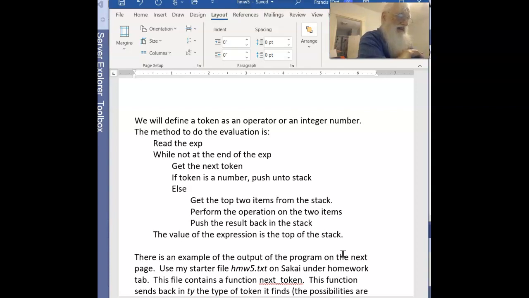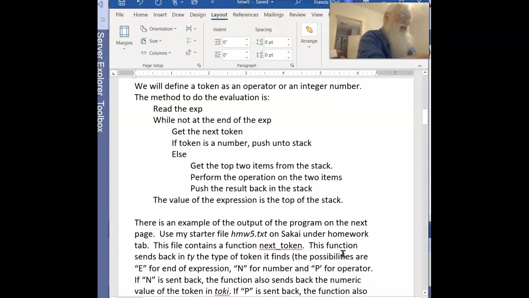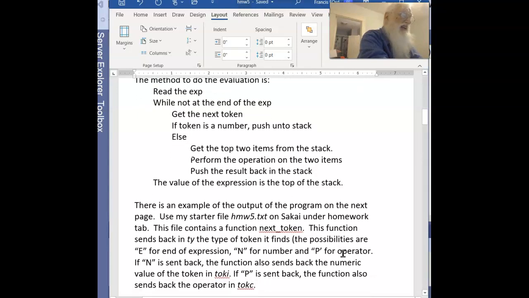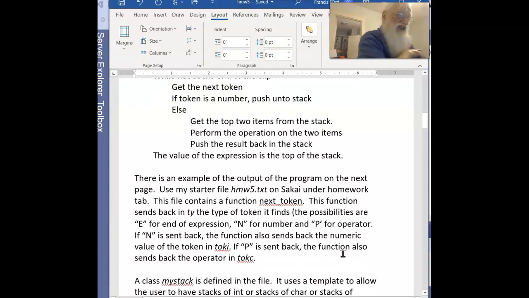Well, this is the main line. What about this function, get the next token? Well, I figured that I would write that for you. So there's an example of it running. But I first want to talk about the next token. Next token is a void function, but it sends back information in the parameters, the arguments.